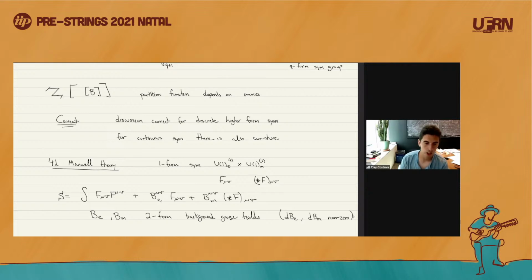I can shift B_E or B_M by the exterior derivative of lambda, where this now is a one-form gauge parameter.